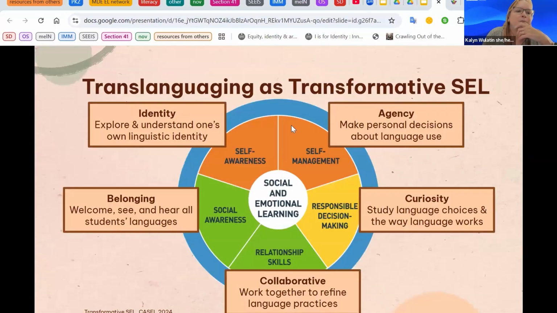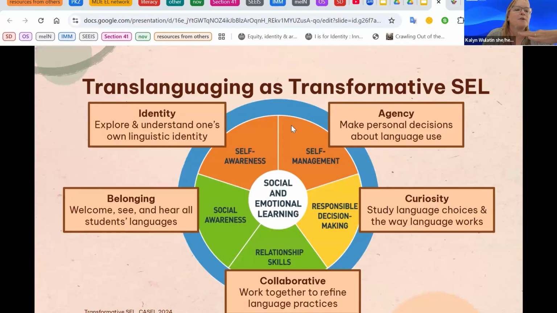This is looking at transformative SEL, and transformative SEL has the areas of identity, agency, curiosity, belonging, and the collaborative. And what this graphic has done is take that and apply it to language and culture. So if you dig into this, and again, there are links to do that.